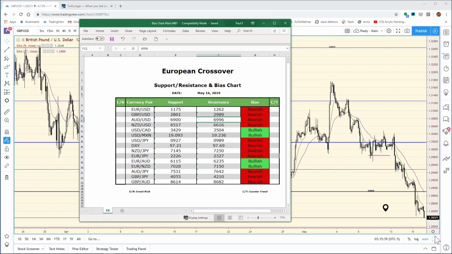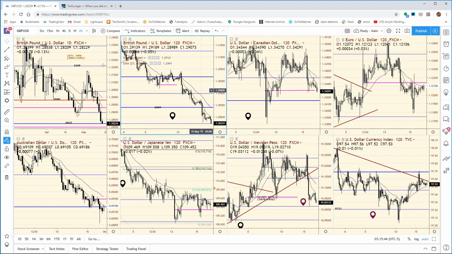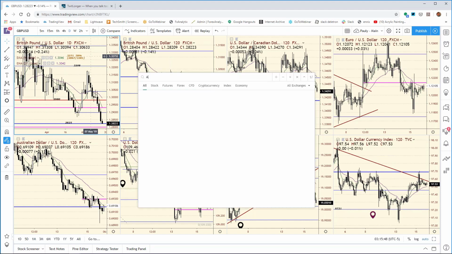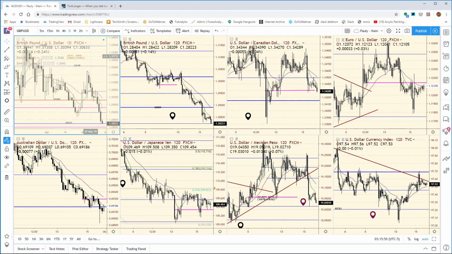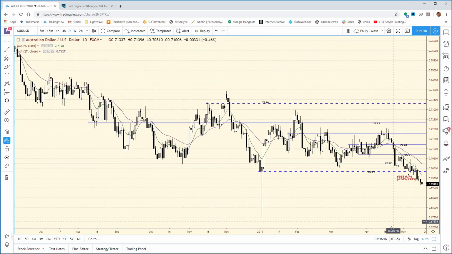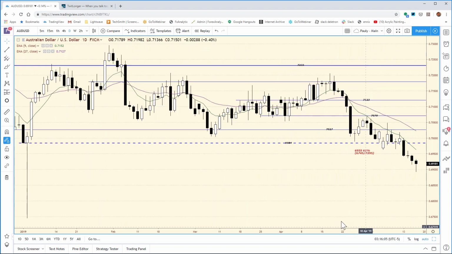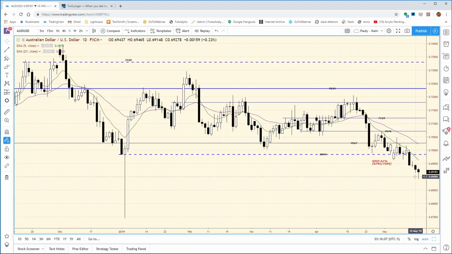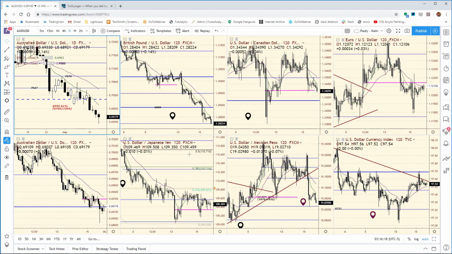Moving into the Aussie dollar, we had 69 cents that we were looking at. We're trying to hold this area. So we're going to keep that 69 cents. We got as low as 68.92, and we've recovered right back. Not a whole lot, but we've tried to recover here. So we're going to retain the 69 cents.